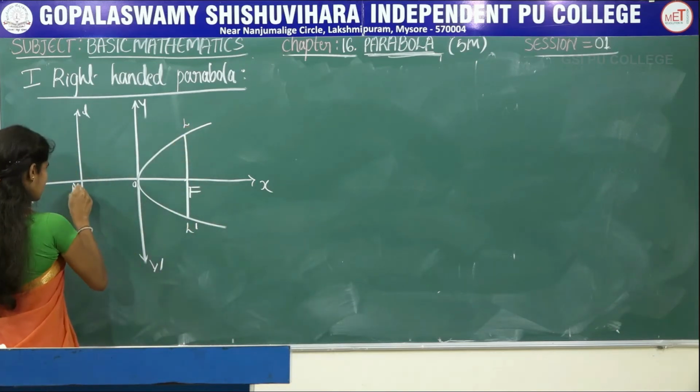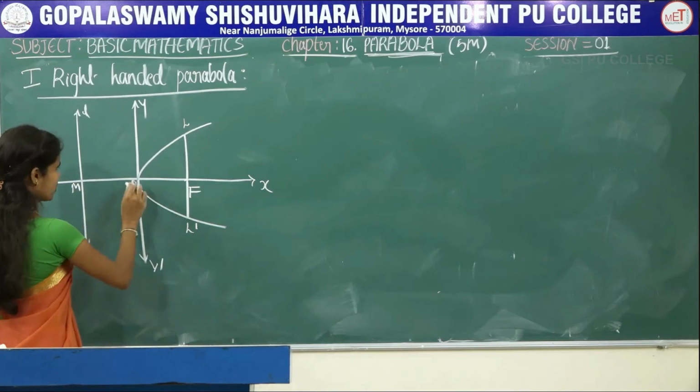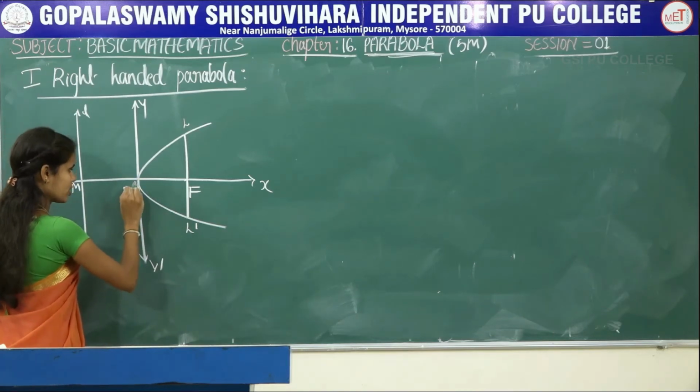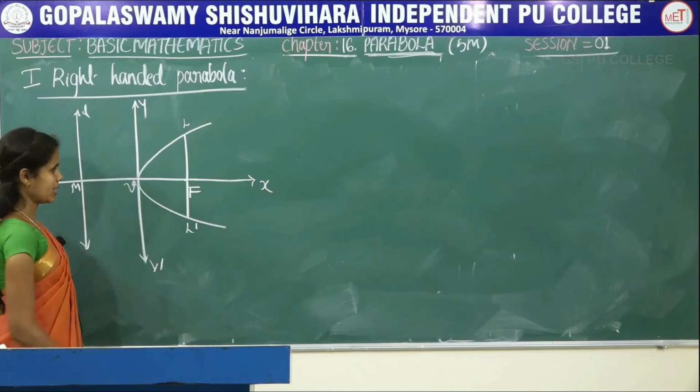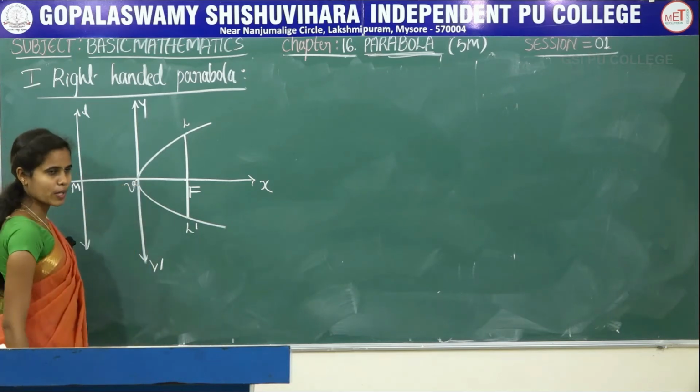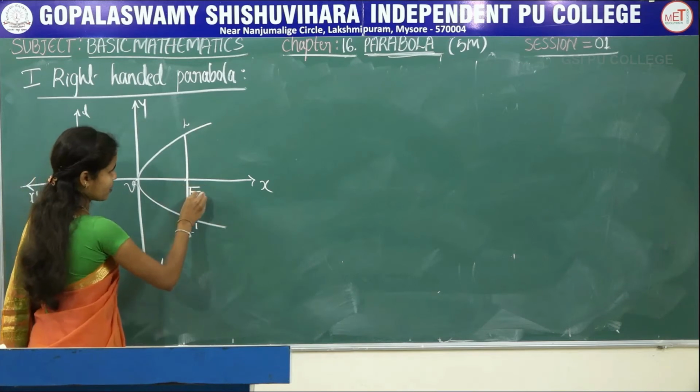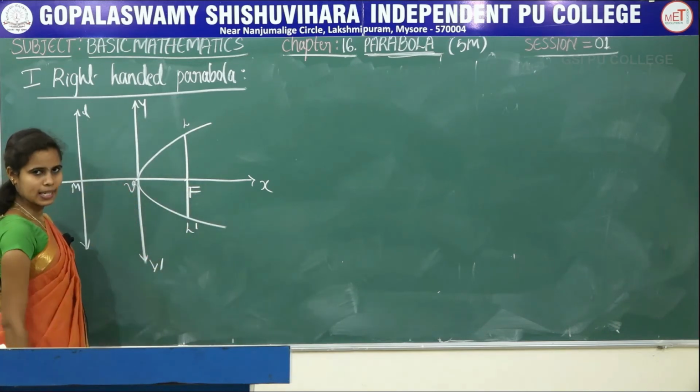Here the origin has coordinates 0, 0 and is denoted by V, because it is called the vertex. Here F is called the focus, and L is called the directrix.